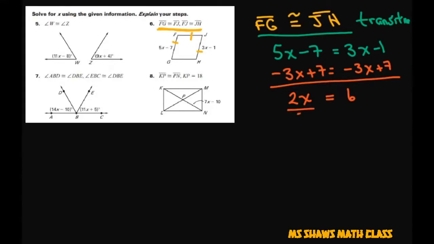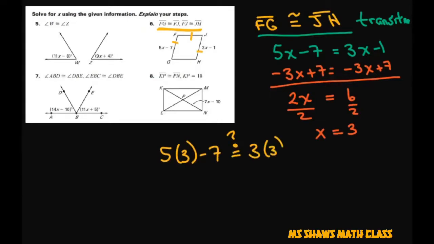Use your division property, and you get x equals 3. You can always plug in 3 and check your answer. If we did that, we get 5 times 3 minus 7. Does that equal 3 times 3 minus 1? So this is 15 minus 7 is 8, and 9 minus 1 is 8. So that checks out.